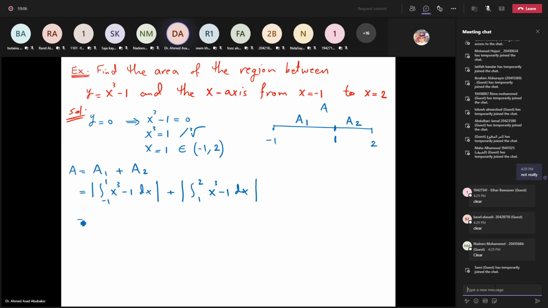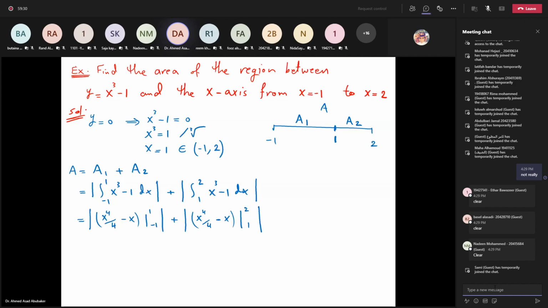Now, this is the same integral but with different bounds. Now, absolute value of x to the power 4 over 4 minus x, substituting 1 and negative 1, plus x to the power 4 over 4 minus x, substituting 2 and 1.